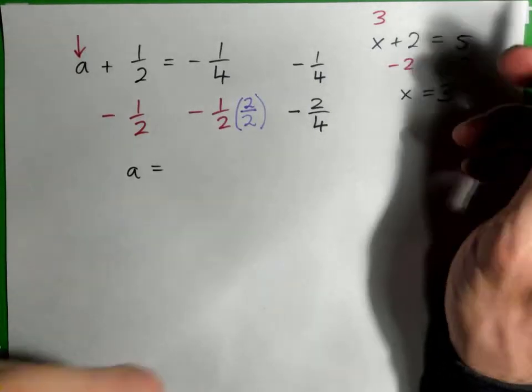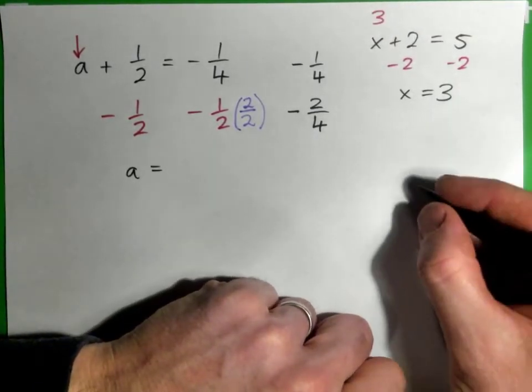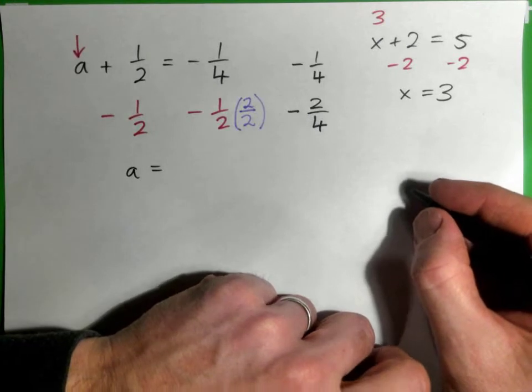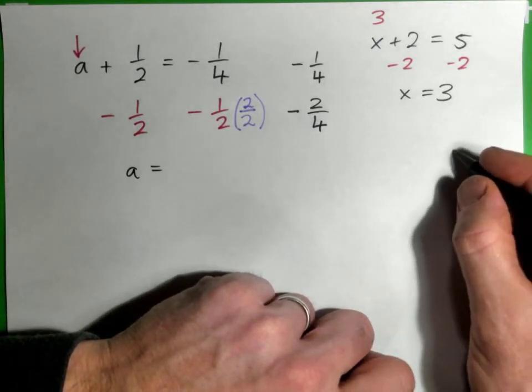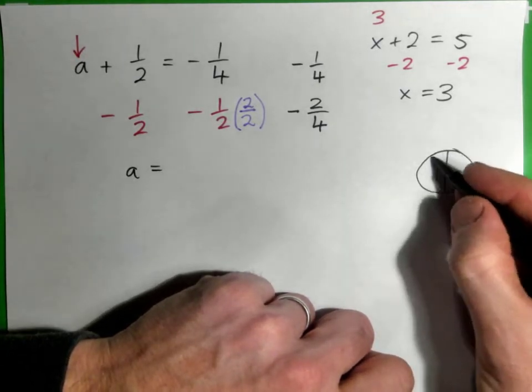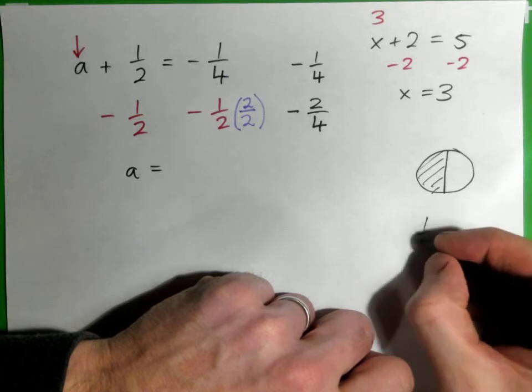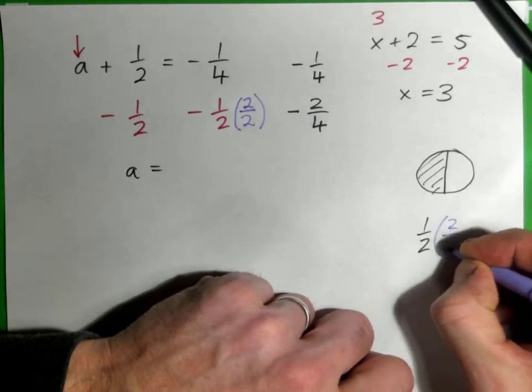Okay. So let's focus on the fraction part. Here's a half, right? 1/2. I multiply a half by 2 over 2, and I get what?